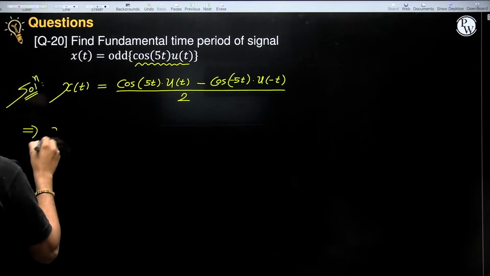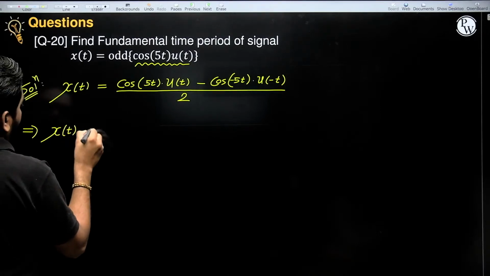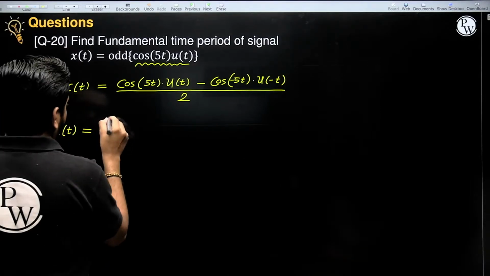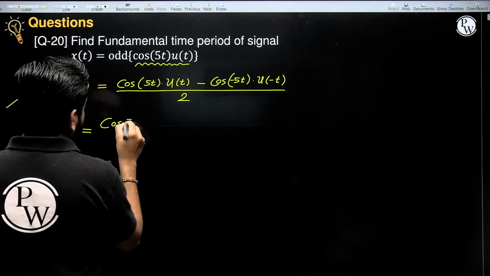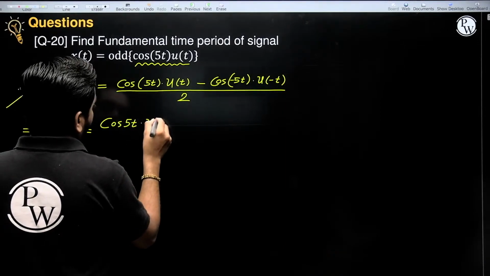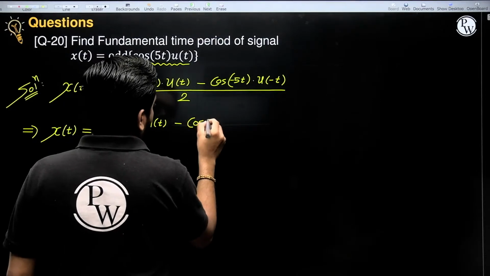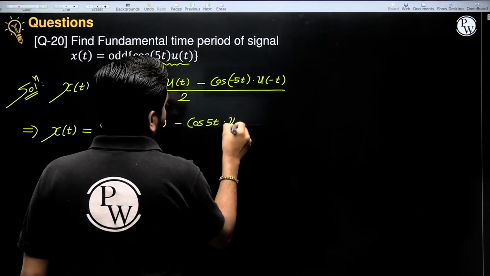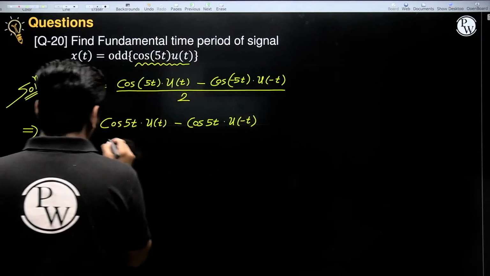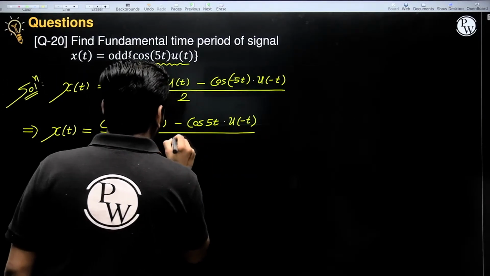Here x of t is cos 5t of t. Cos is an even function, minus cos 5t of minus t, divided by 2.